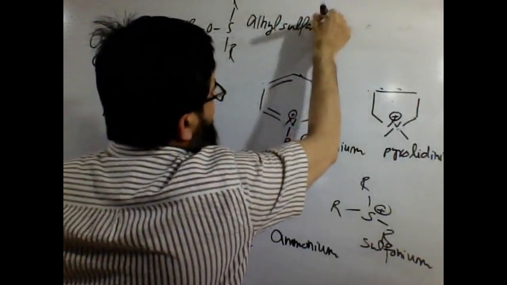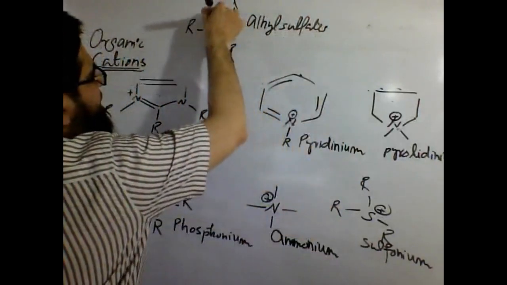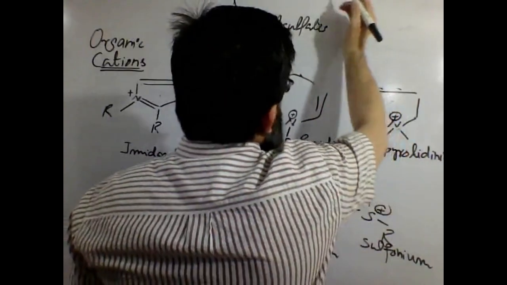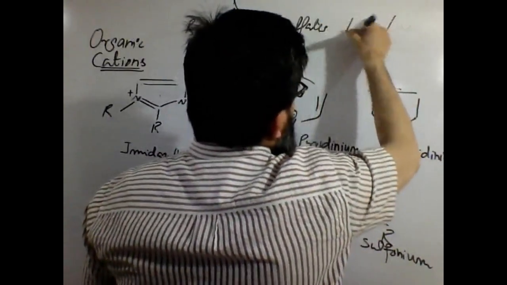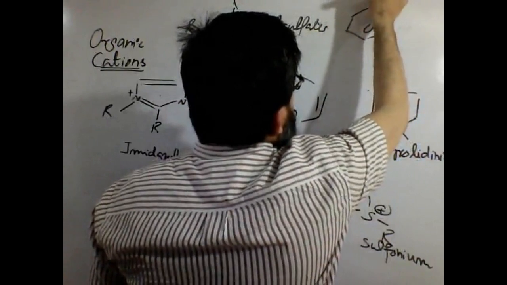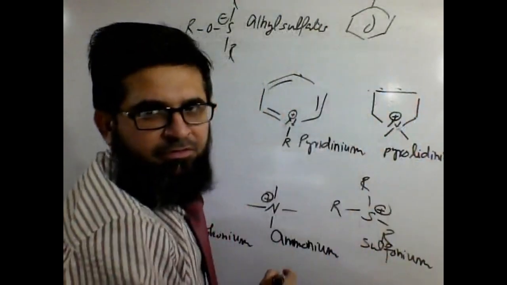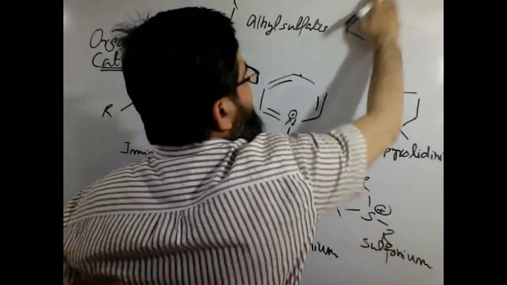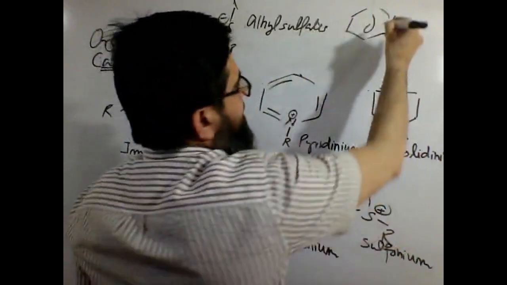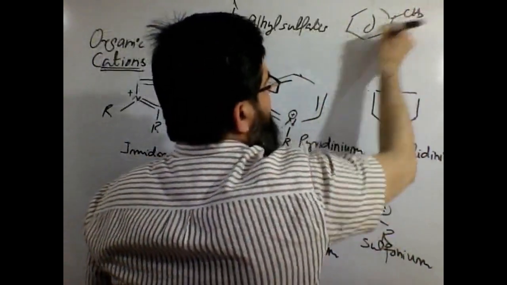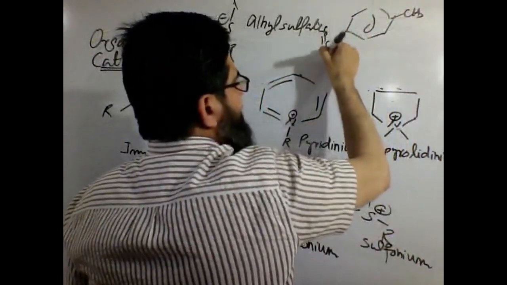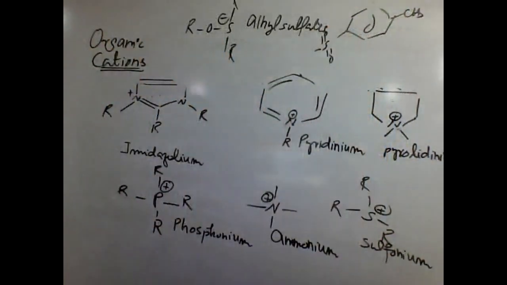Alkyl sulfates having negative charges. We can have tosylates. Something like that, it could be CH3 over here. It can be tosylate, it's a tosylate.